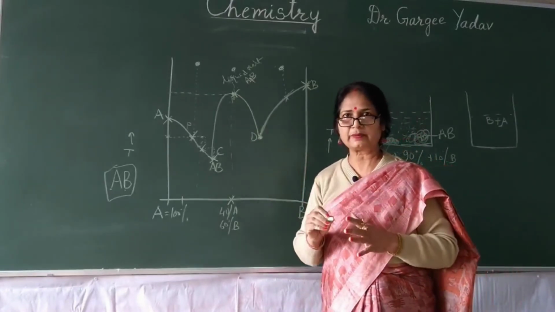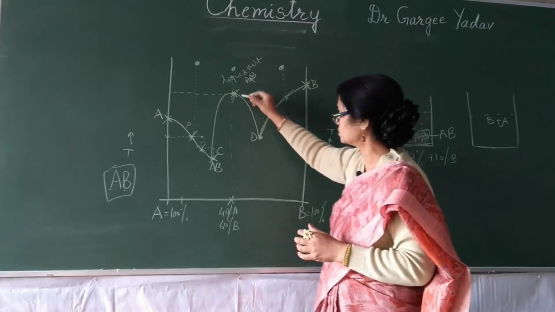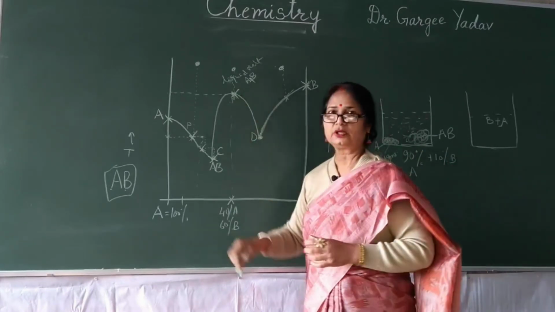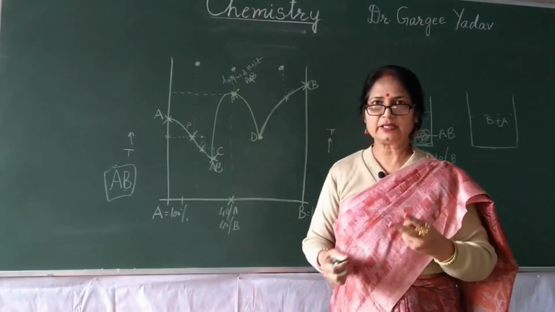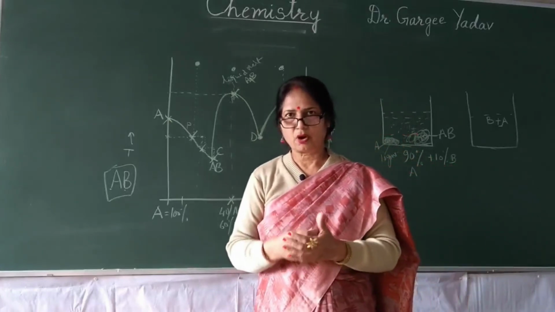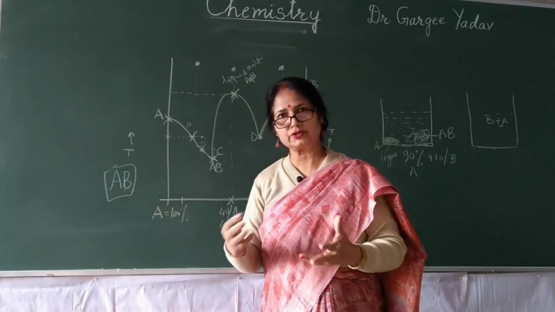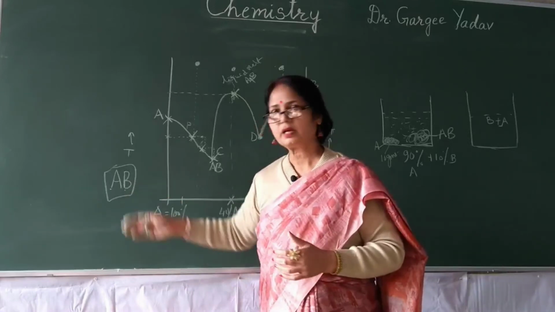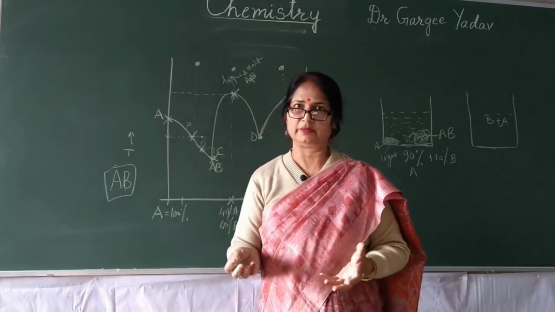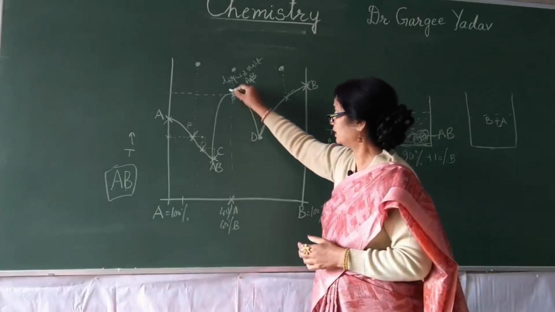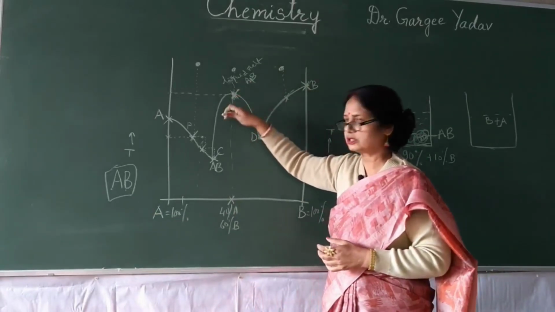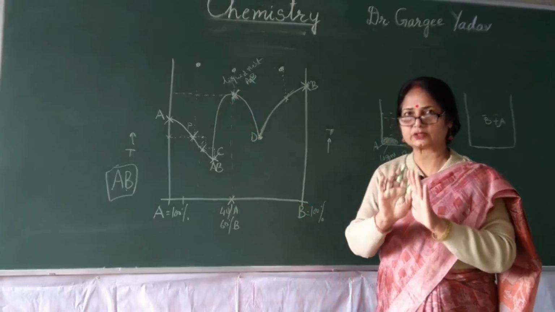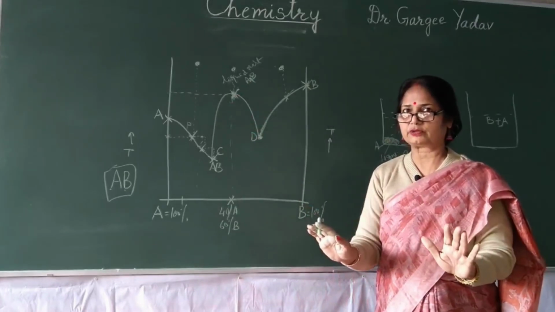This is the congruent melting point, means at this point we are having two phases. One is the liquid of AB, same composition, and one is the solid AB. At this point, when we lower the temperature beyond this point, what will happen? We will get a solid, AB will separate out.